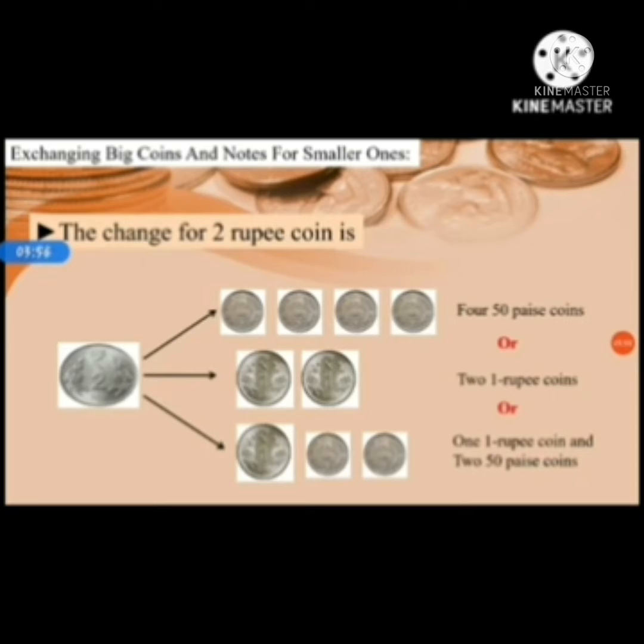So for 2 rupees, either we can take four 50 paise coins, or two 1 rupee coins, or one 1 rupee coin and two 50 paise coins. Clear? Now move to the next topic.